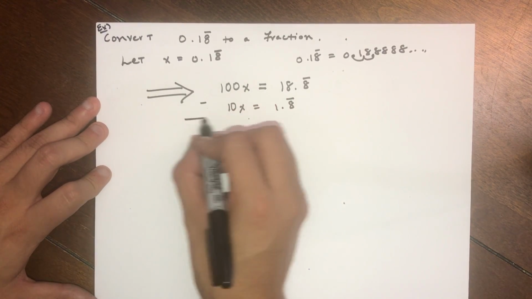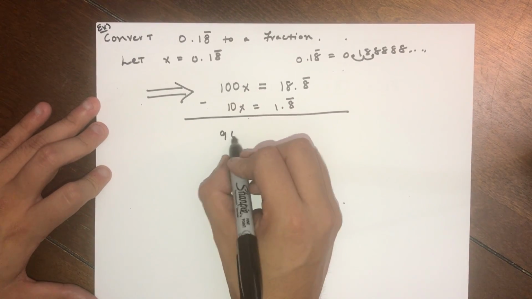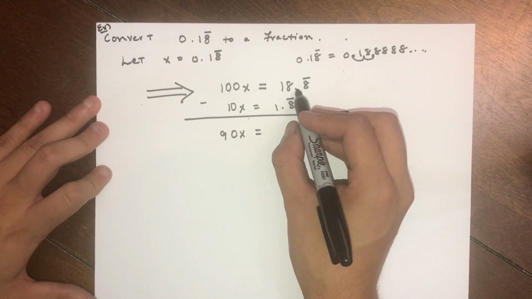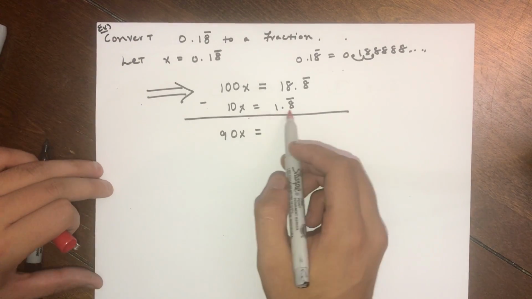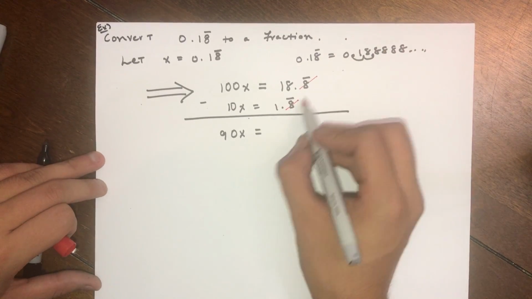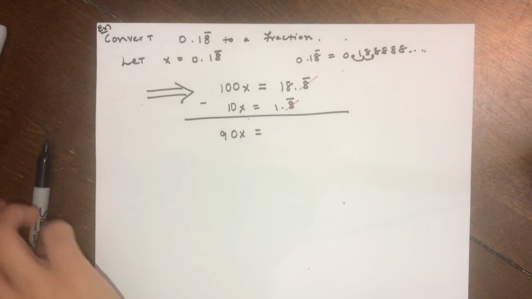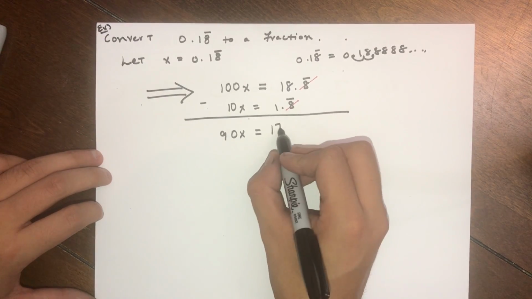Then we do our subtraction. 100x minus 10x is 90x, which is equal to 18.8 repeating minus 1.8 repeating. These repeating 8s will cancel, because we're just going to have 8 minus 8, 8 minus 8, 8 minus 8. They're all 0. And then we just get 18 minus 1, which is 17.